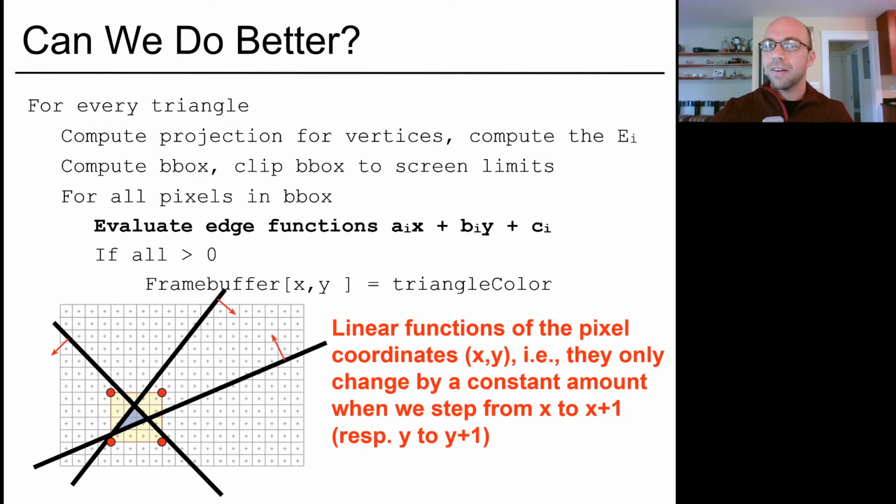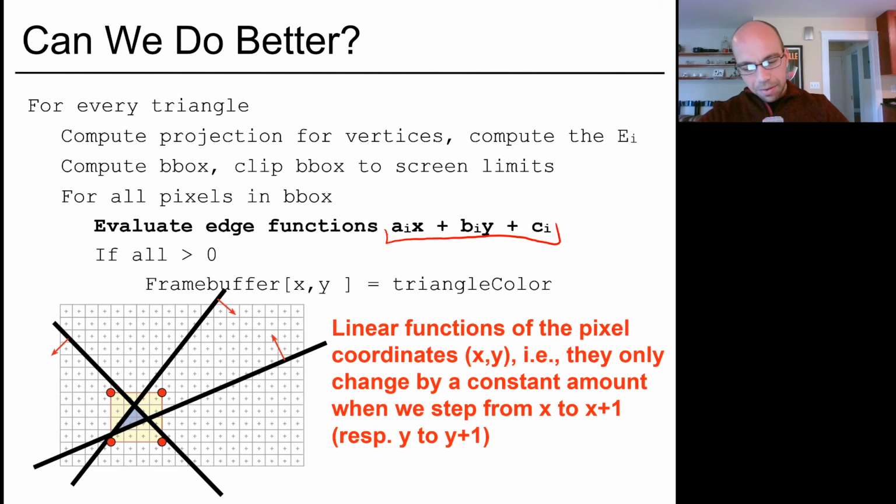Now, of course, our question should be, well, what can we do to make this function even better? And there are many different ways to do it. In fact, I would say about 30, 40, 50 years' worth of graphics engineering has gone into essentially making fragment generation more efficient. And there are many different techniques that people use in practice. So here's one idea. Remember that the edge function for every edge is just some linear thing.